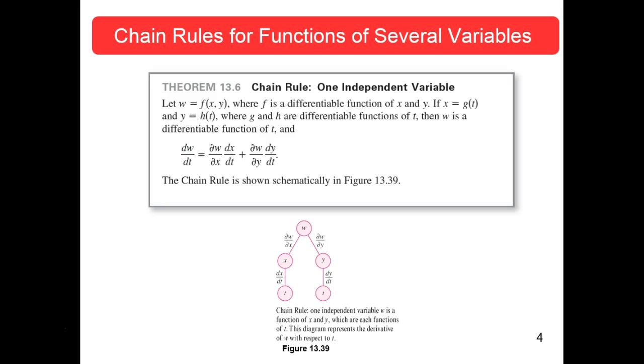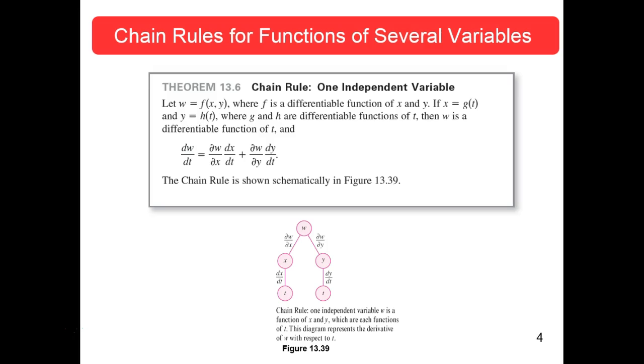So the derivative of w with respect to t is equal to the partial of w with respect to x times the derivative of x with respect to t, plus the partial of w with respect to y times the derivative of y with respect to t, and you add those two together, and that gives you the derivative of w with respect to t. That's the chain rule, and it's shown schematically here.